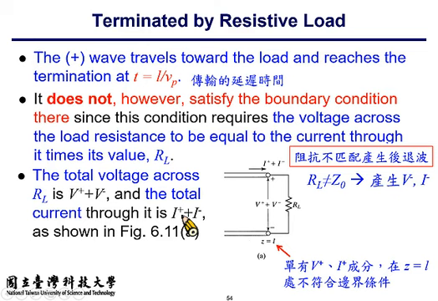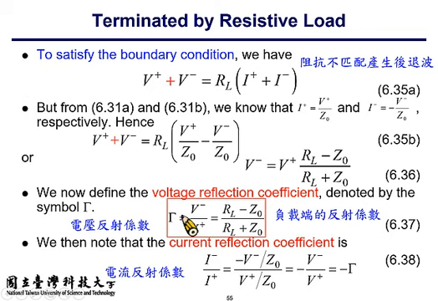In this slide, the total voltage across the load resistor, V plus plus V minus, equals RL times I plus plus I minus.